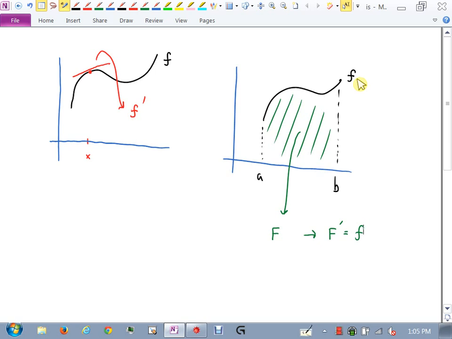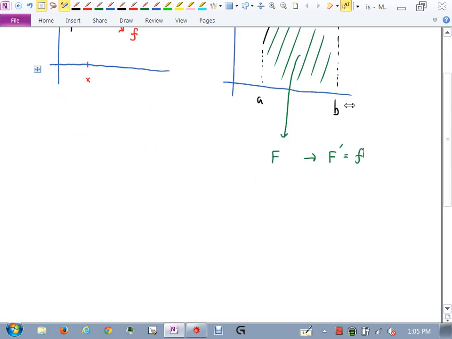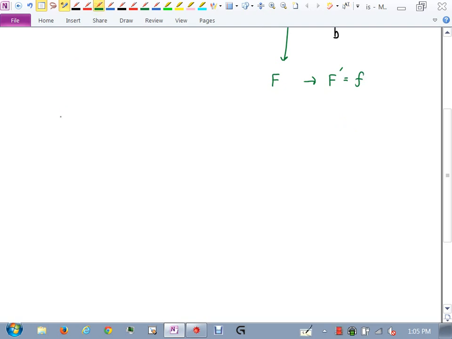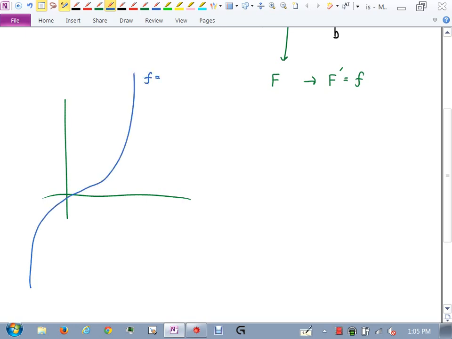So let me give you an example, a hard example, so you can see what I'm talking about. If I have, let's say, the graph of f equals x cubed, and I want to look between, let's say, 1 and 2, and I would like to figure out this area underneath this graph, right? I want to know that area.